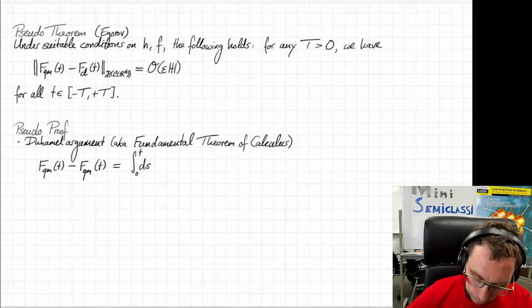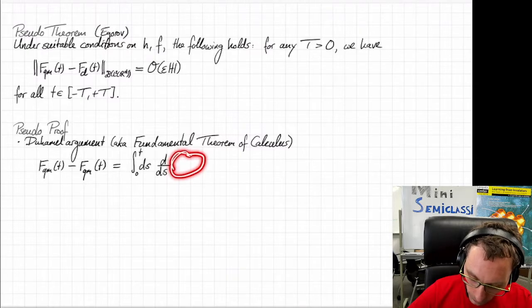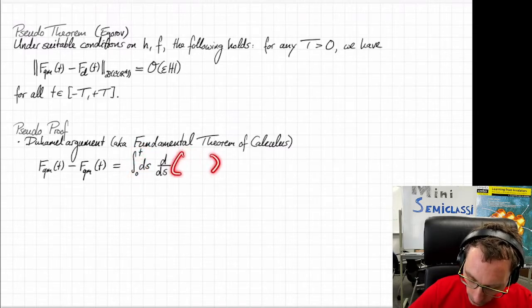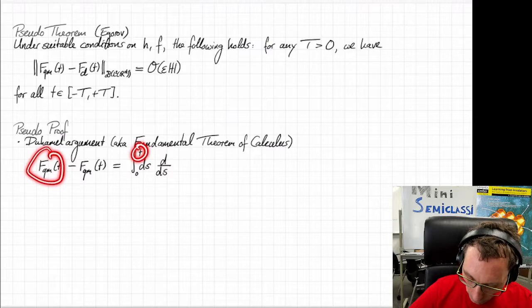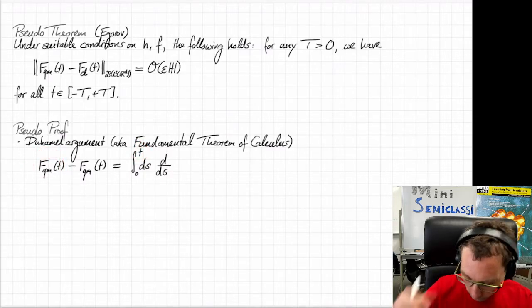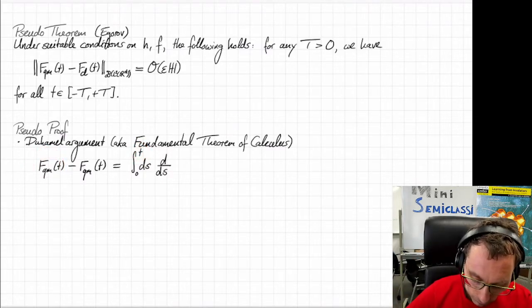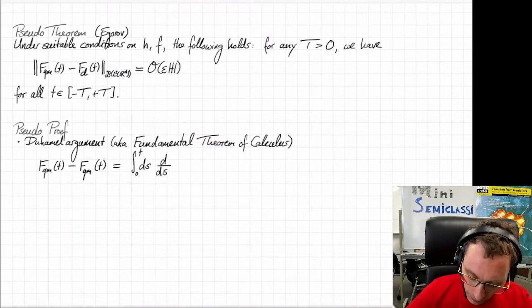So it's the integral from 0 to t. Then I have to take the derivative. So remember, that means that whatever is here needs to be evaluated at t, and then you subtract this function evaluated at 0. So whatever is here evaluated at t should give you the quantum time evolution. And if you evaluate at s equals 0, then you should get the classical time evolution.